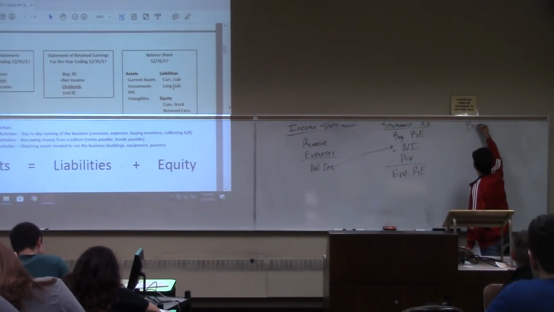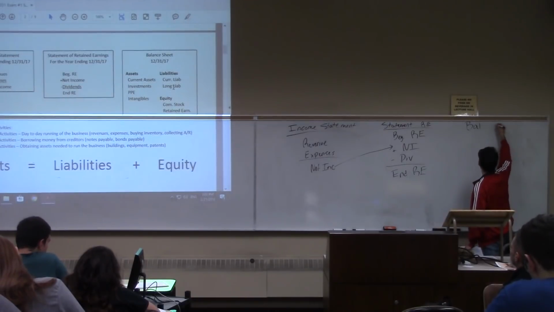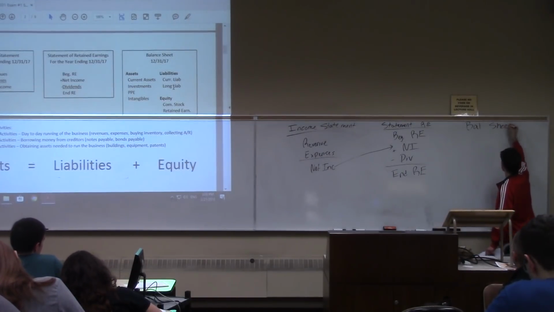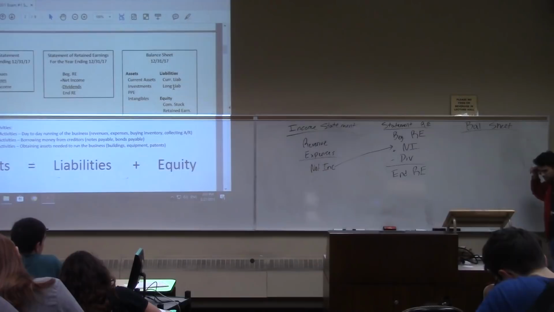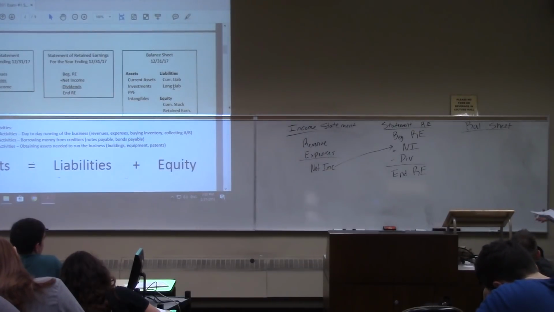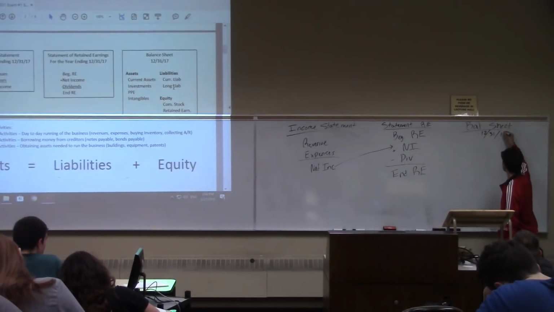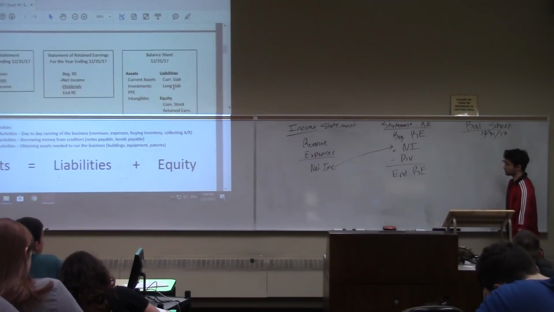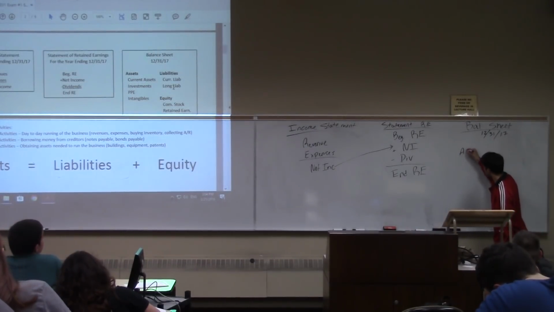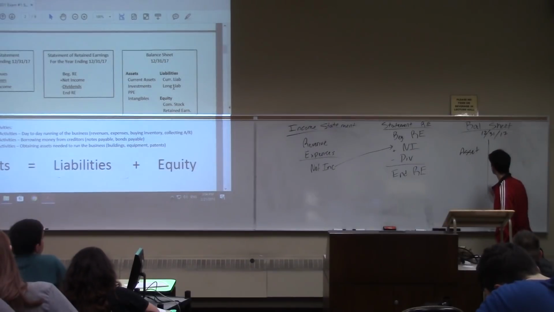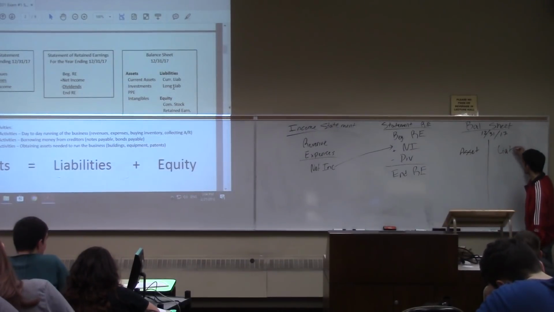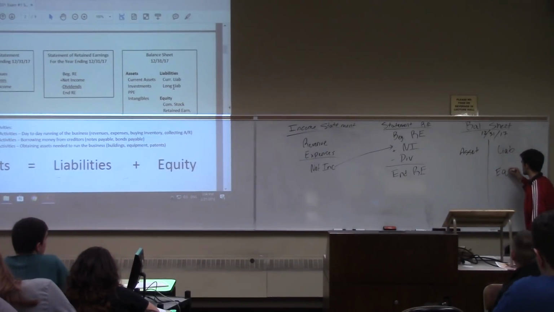And the last financial statement that we've learned about is our balance sheet. The balance sheet tells us how many assets, how many liabilities, how many things the company owns right now at a point in time. So for that, we simply put a date. On 12/31/17, we had this many assets, this many liabilities, and this much equity.